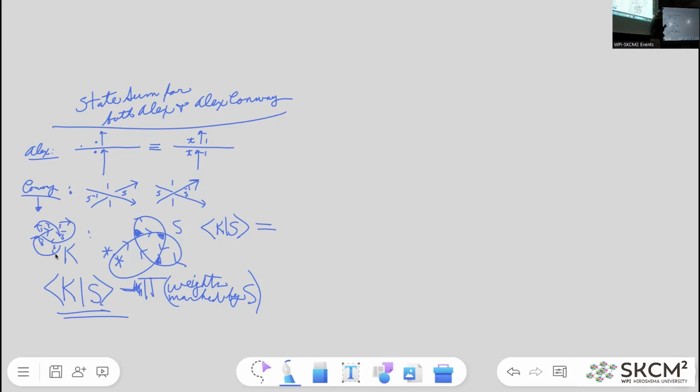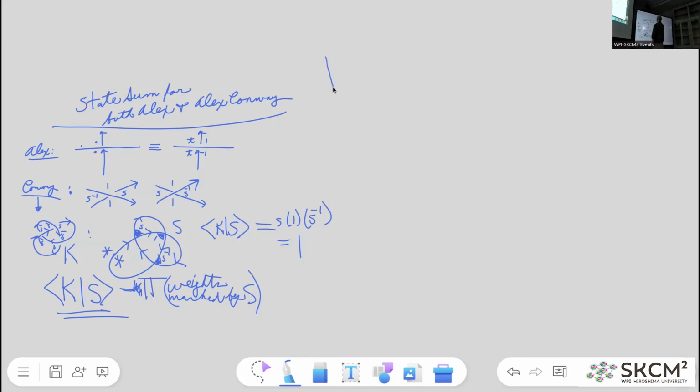So those are local weights, right? At a given crossing, you see those weights. So here we have an S, here we have a 1, and here we have an S inverse. So therefore, this is S times 1 times S inverse, which is 1. That's the K_S, right? The evaluation of the knot with regard to the state.